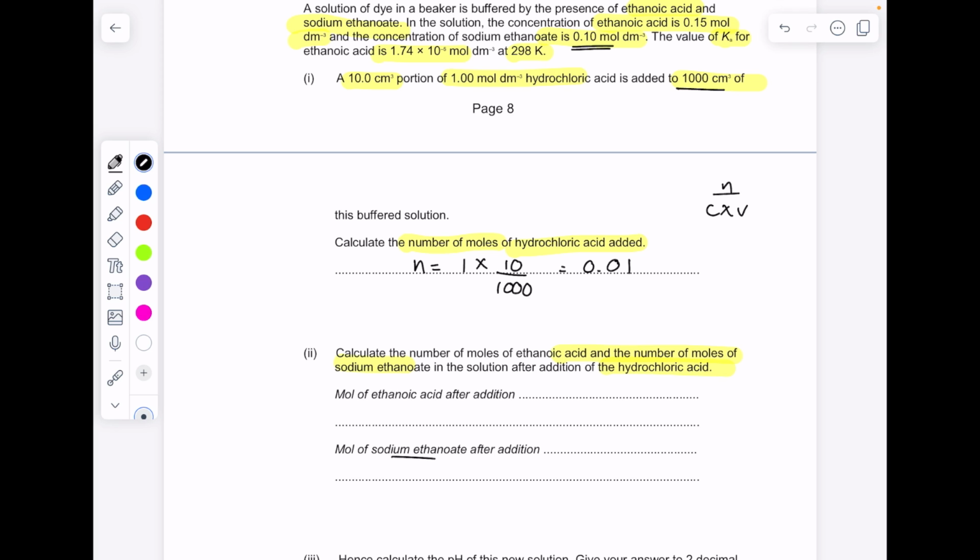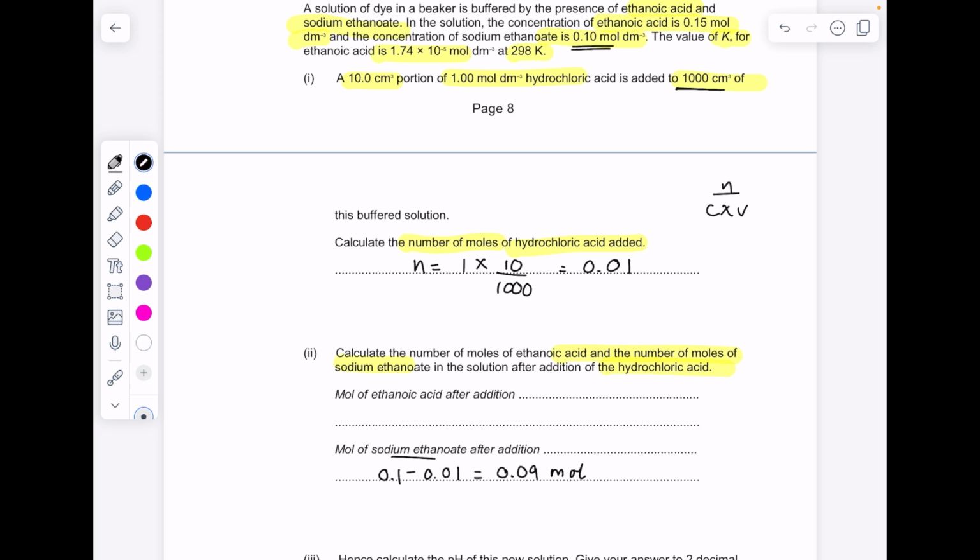Just look up here, we're told that the concentration of ethanoate ions is 0.1. Because this volume is 1000 centimetres cubed, which is in effect per decimeter cubed, we're allowed to use that as our number of moles to begin with. We're going to minus the 0.01 we just calculated, because after all that's the hydrochloric acid that reacted, which gives us 0.09 moles of sodium ethanoate left over.